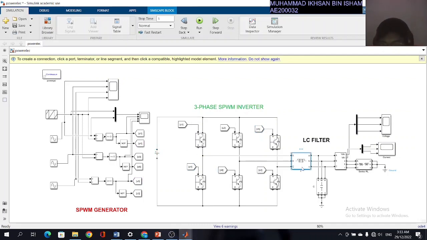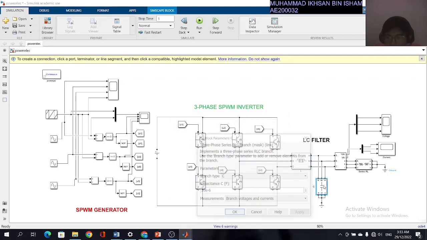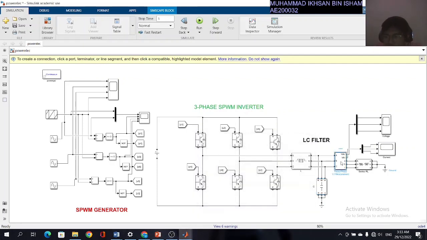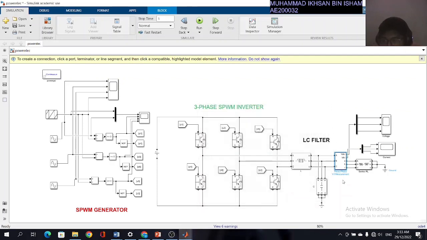Here we have an inductor which is 5 millihenry, 15 millihenry, and then here we have the capacitor with 20 microfarad, and here is the three-phase voltage current measurement.